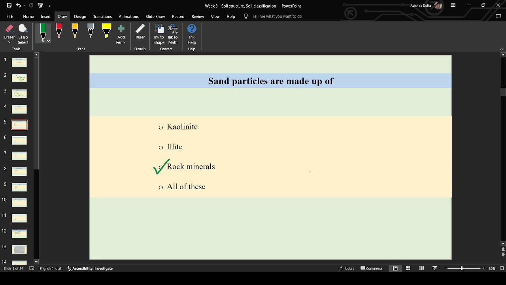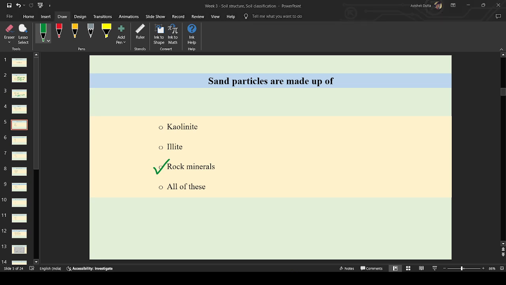Can you name some rock minerals? Quartz, feldspar, yes. Silicate minerals, carbonate minerals, like calcite, dolomite. These are some rock minerals.